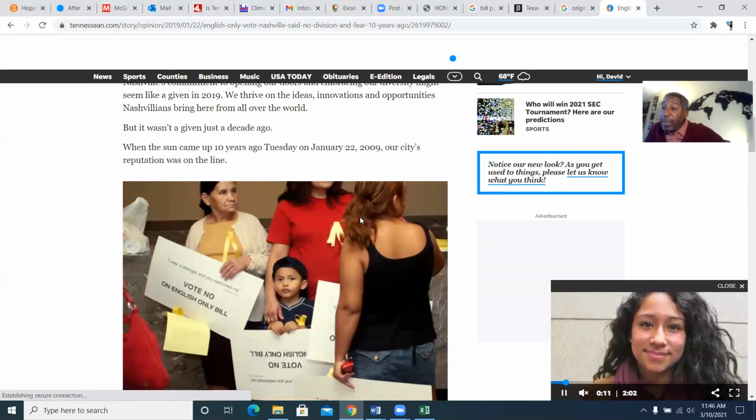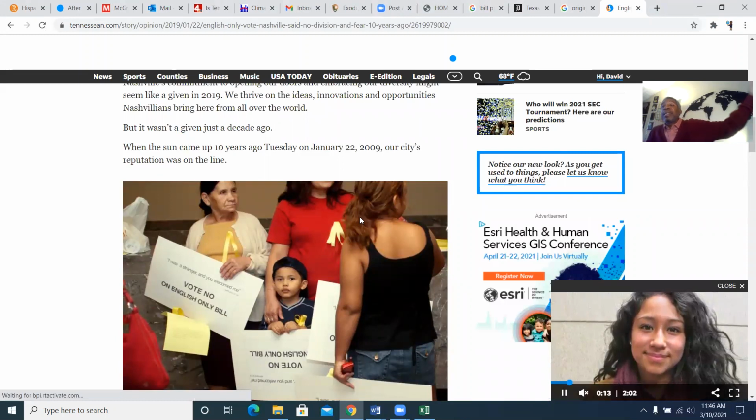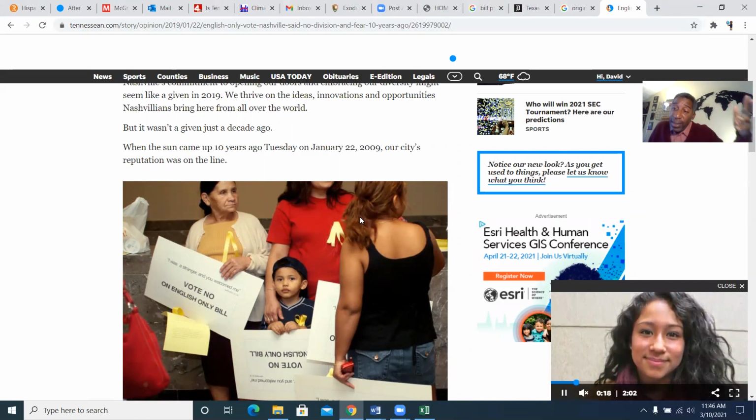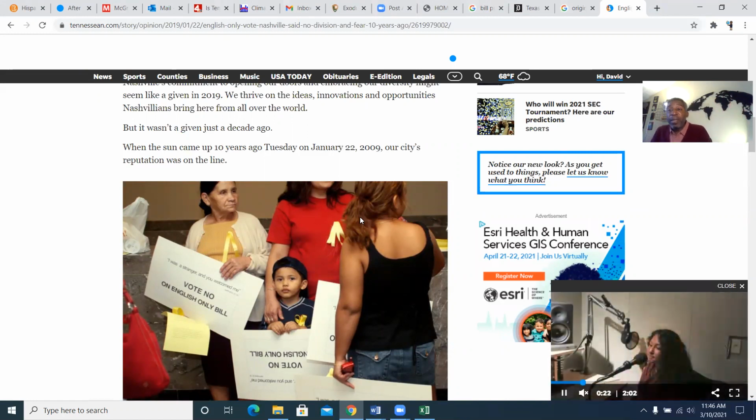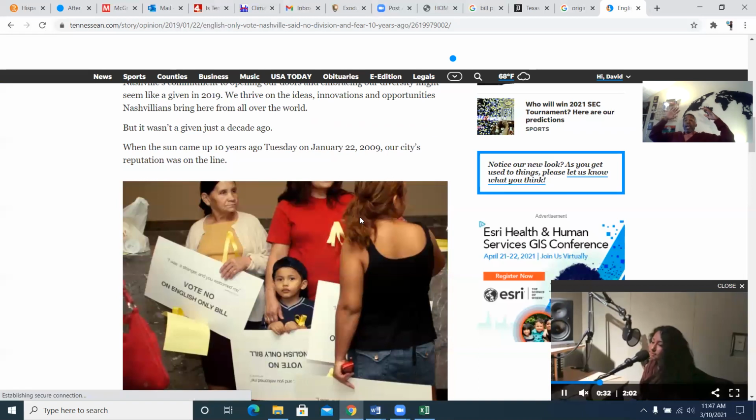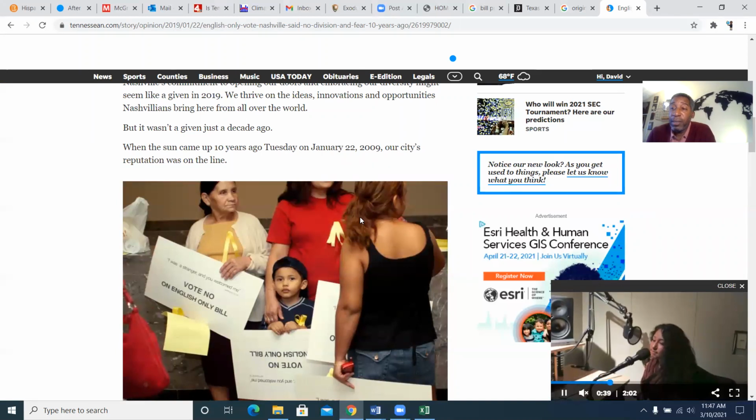once again, went from 1% in 1990 to 10% in 2010, which essentially scared the Dickens out of a lot of the majority population. What are we going to do with all these Latinx people? They keep coming, they keep coming. And we were wholly unprepared. Around this time, I remember there was only one police officer on Nashville's police force that spoke Spanish.